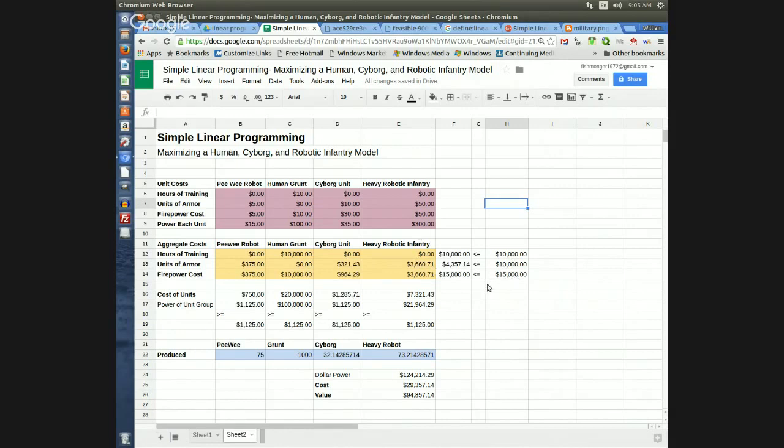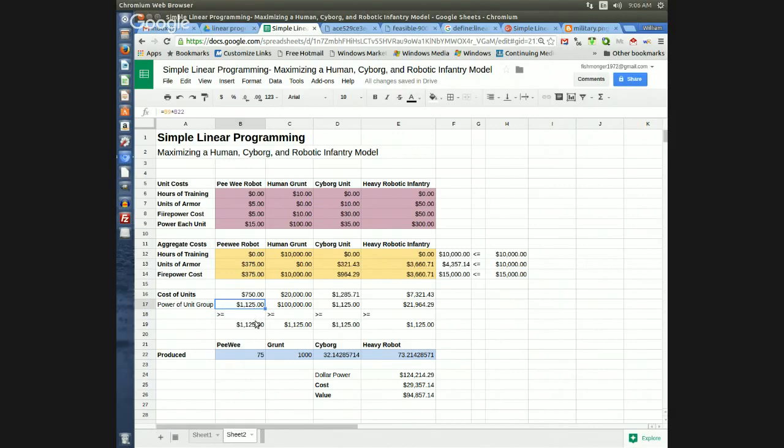And then the last thing we could do is see the cost and the power of each unit. So the cost of the unit is how much it costs to build it and deploy it, whereas the power of the unit is the amount of power that it can project.